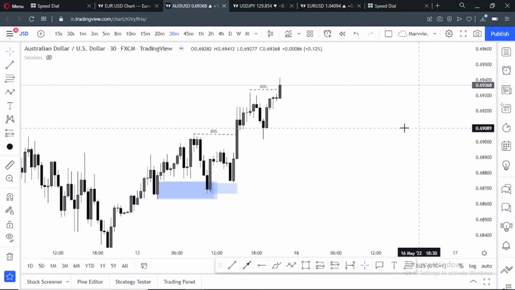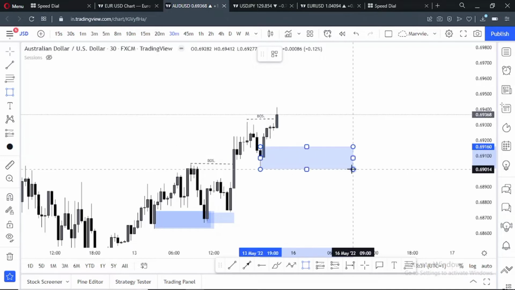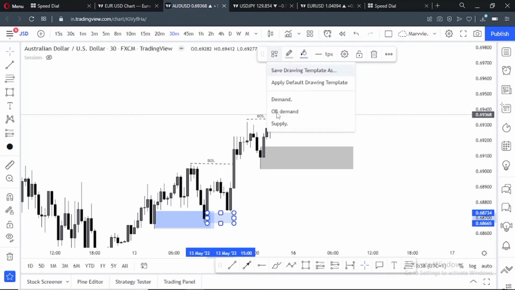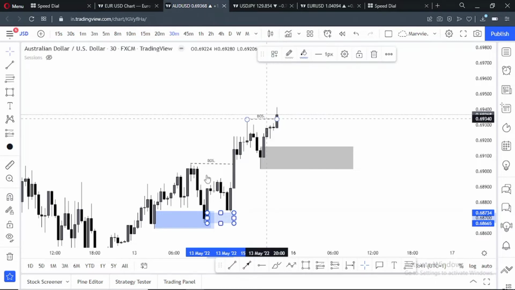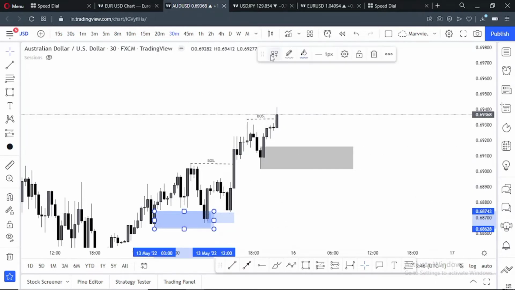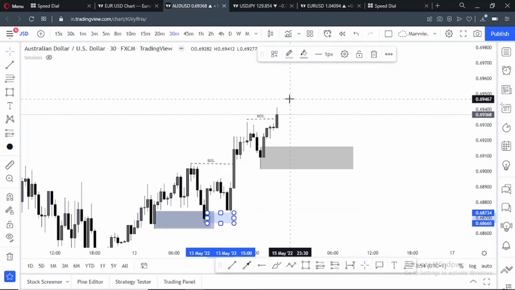Now let me select this demand zone properly. Demand zone here.